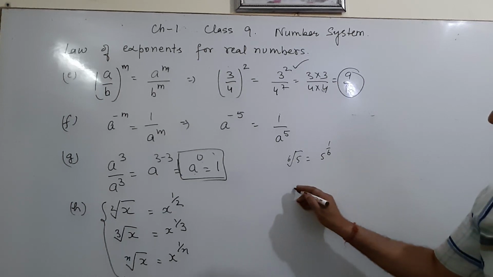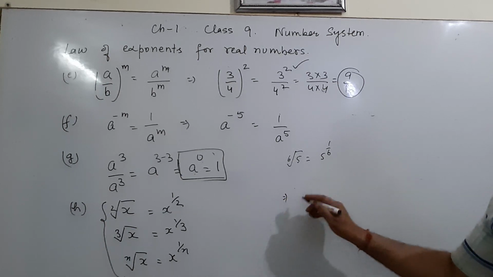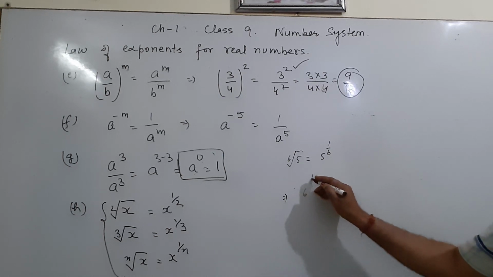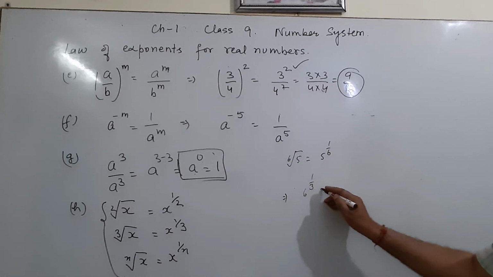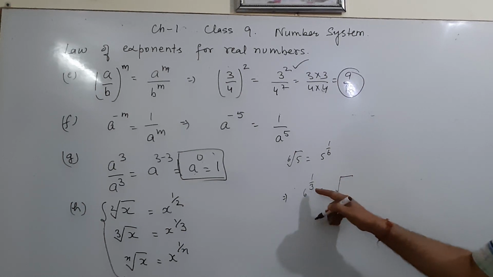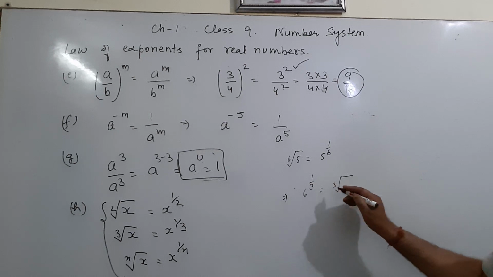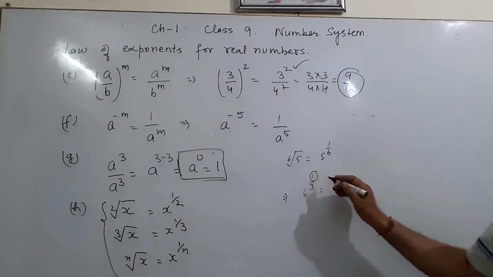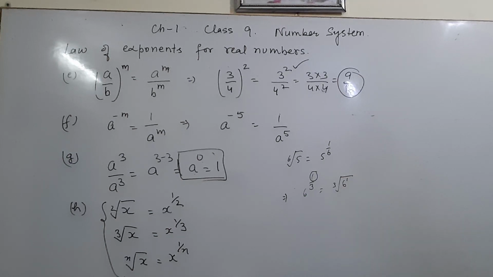Again, if I want to ask the reverse, 6 power 1 by 3, how can I write this? Root, this denominator will come in here, this will be the base, and this numerator will be here.